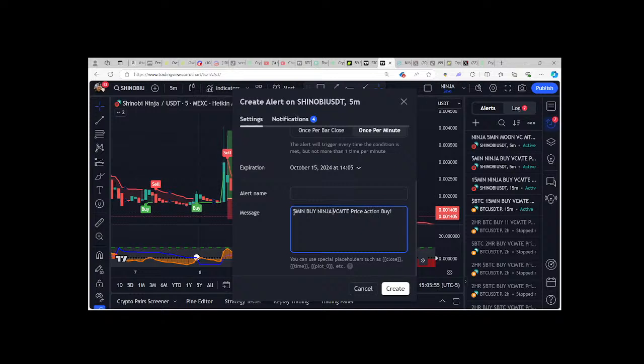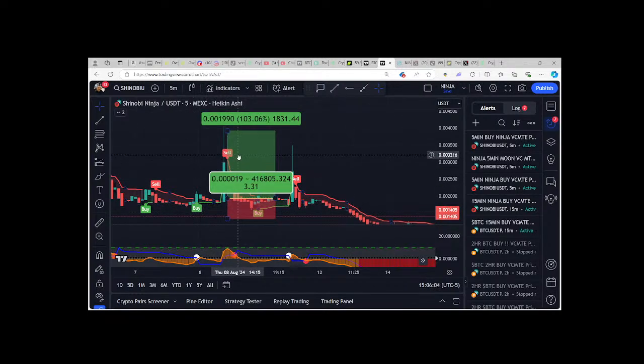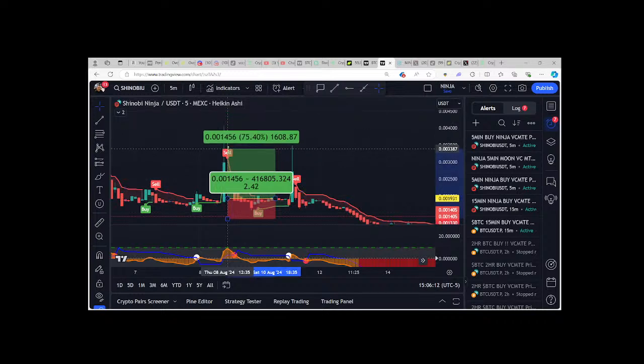And what that's going to do for you is every time that there's a 5 minute buy on Ninja, you would just go enter a trade and take advantage of the buy, and then you would look for a very simple 50 to 100% move, right? And that's kind of like your target. I would target more something like 75%, because what I'm trying to do here is every time there's a trade, I want to take my money and earn it.